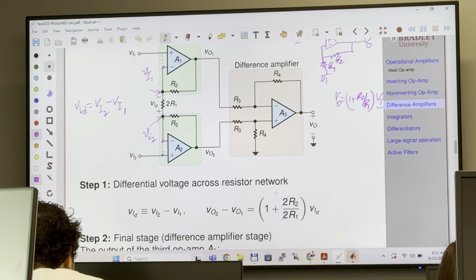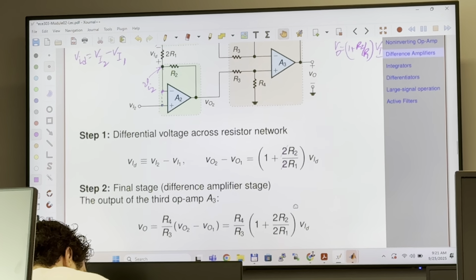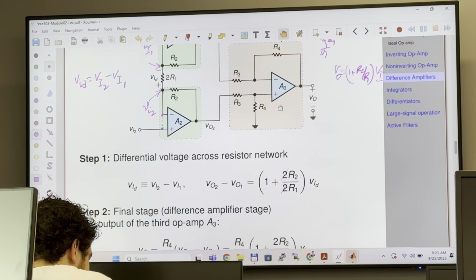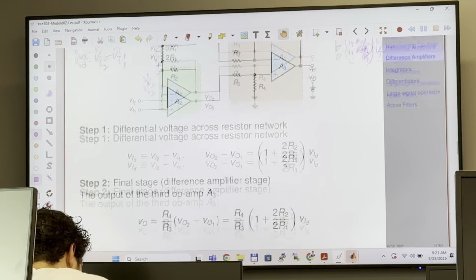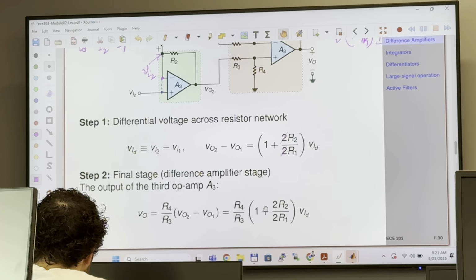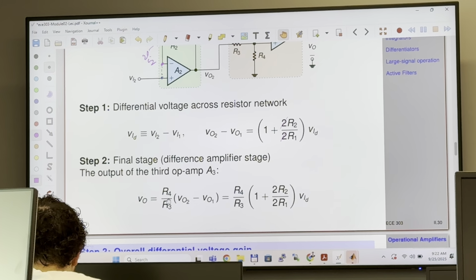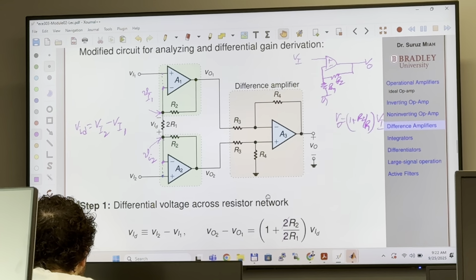This difference has this expression. Then finally, this output voltage is going to be the gain of the difference amplifier that we went through, and that difference amplifier will have a resistor ratio R4 over R3.